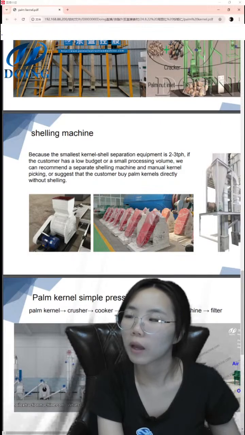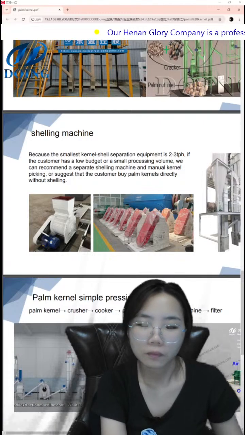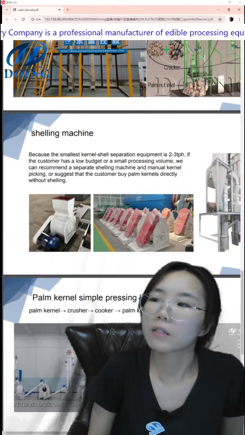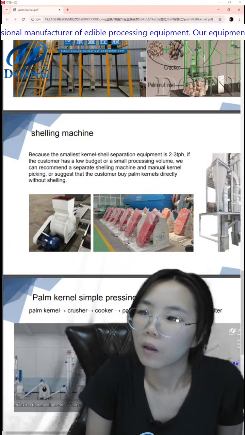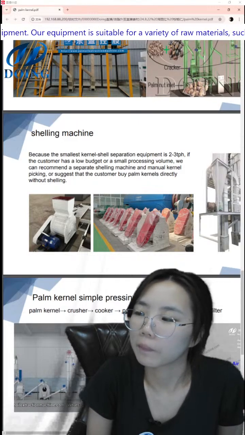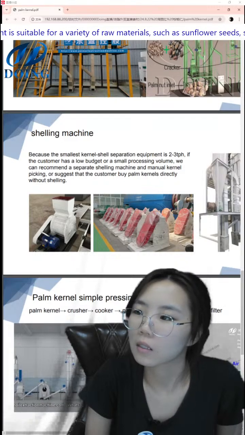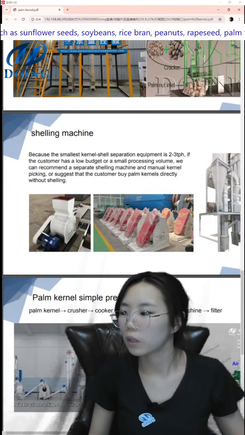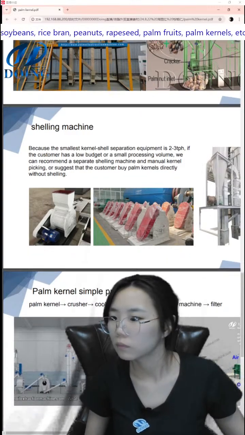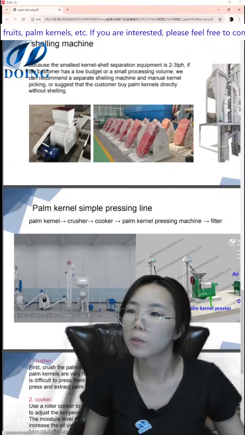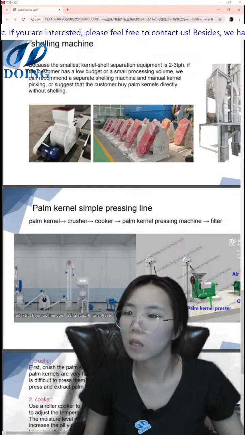If the customer has a low budget or a small processing volume, we can recommend a separator shear machine and manual kernel packing, or suggest that the customer buy palm kernel directly without shear. And this machine is a shear machine in our factory.